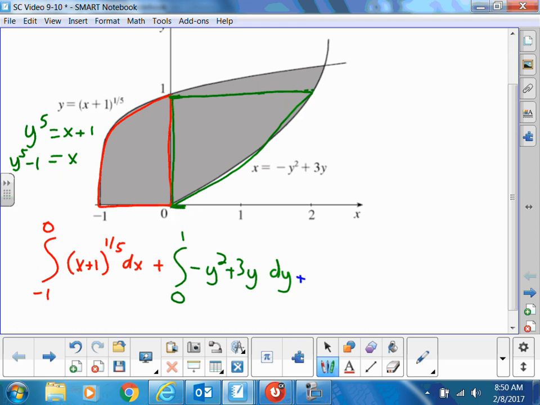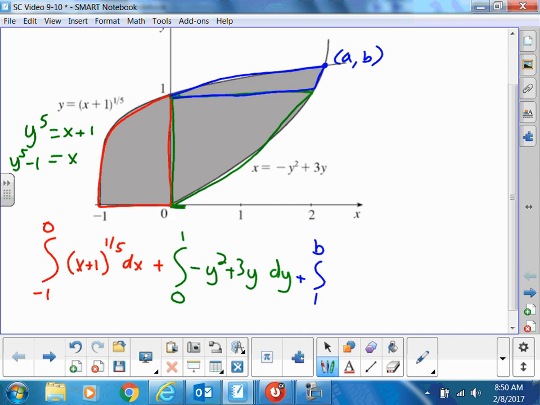And then we'll add on our area for this section. So we're going to again do it for y's. Now we don't know what the y value of this intersection point is. So let's just call it a comma b. Therefore, we are going from the y value of 1 to the y value of b. Okay, we don't know what that value b is.